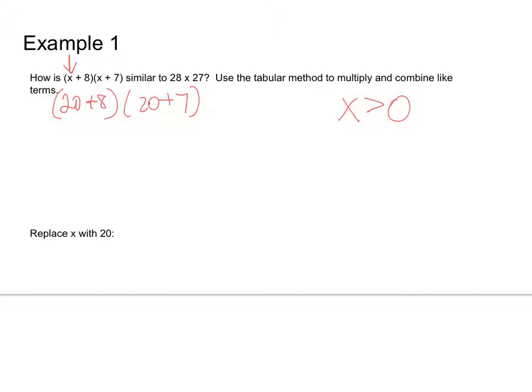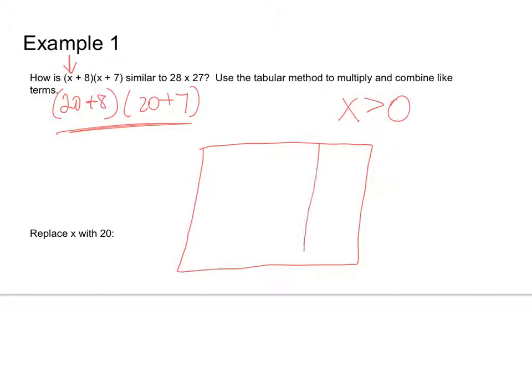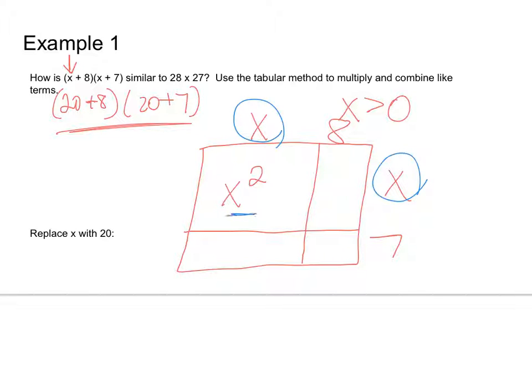So, okay, we did this on the previous slide. So now we're sort of doing the same thing. We have an x plus 8 and an x plus 7. Okay, we're going to multiply. I just multiplied x times x and put it right there.